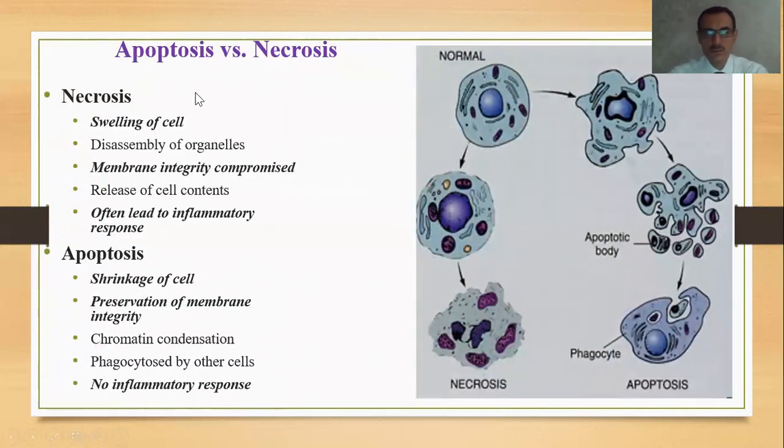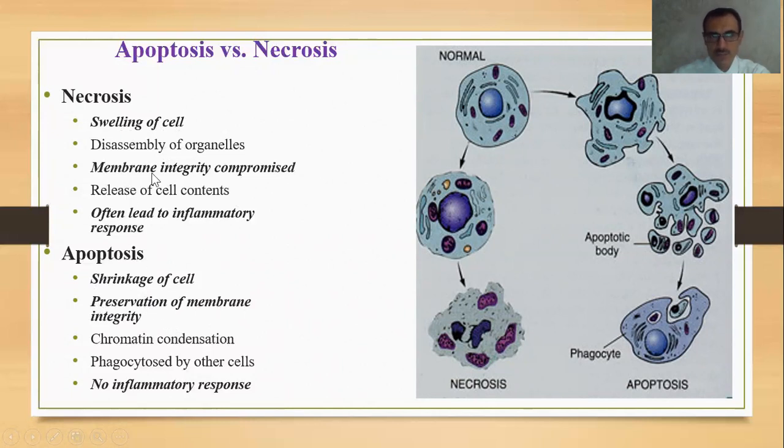Let us, in another slide, compare apoptosis versus necrosis. In necrosis, we see swelling of the cell in comparison with apoptosis, where shrinkage of the cell occurs. Then the organelles are disassembled in necrosis, but in apoptosis we see preservation of membrane integrity.